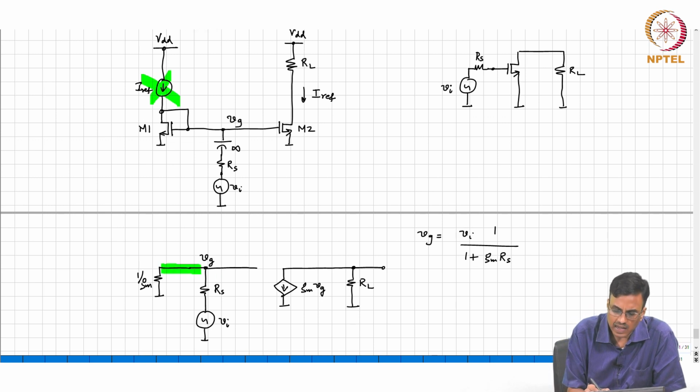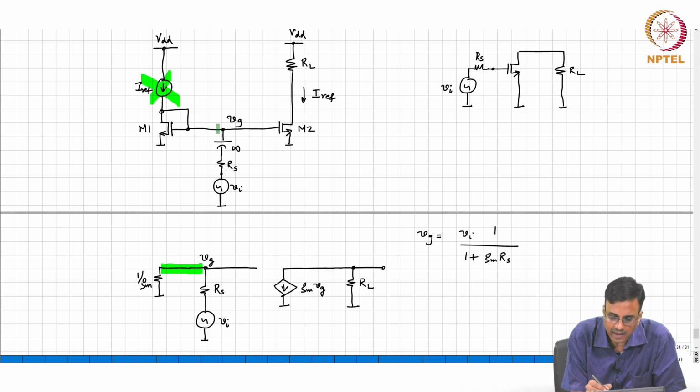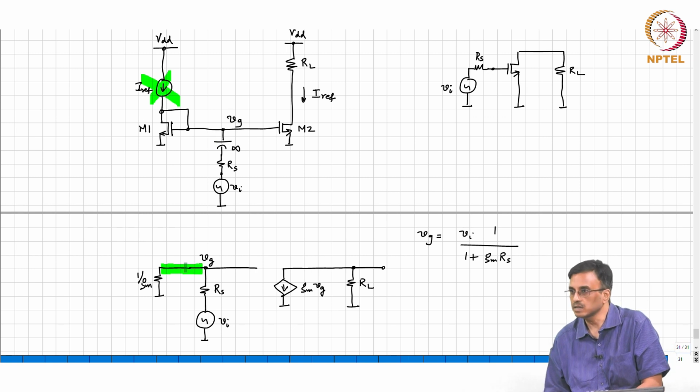This connection is the root cause, right? So what do we do? So one way of fixing the problem, basically the point is incremental current is flowing in that connection. So for incremental signals, we should break that connection. Does it make sense?